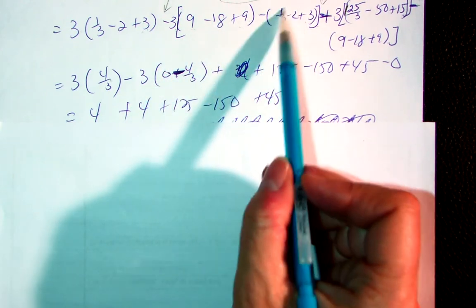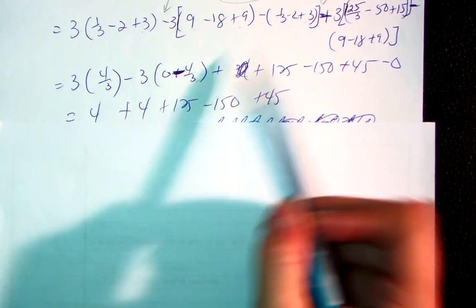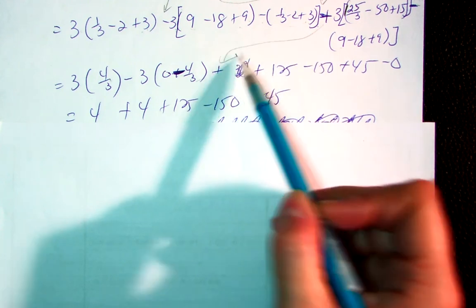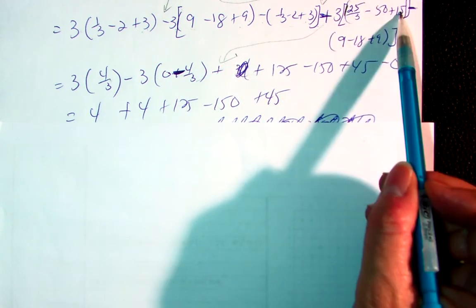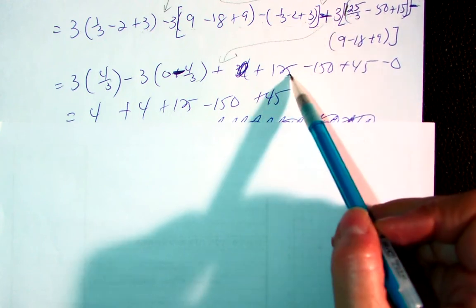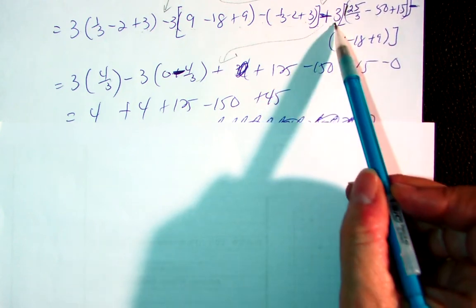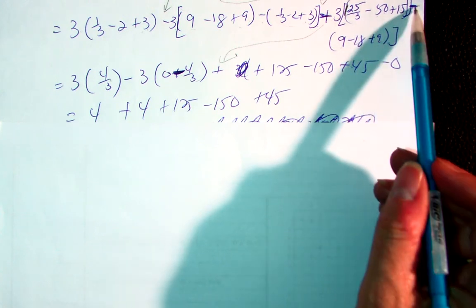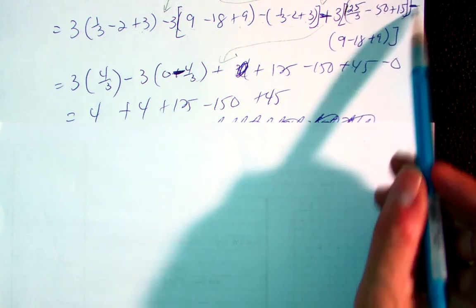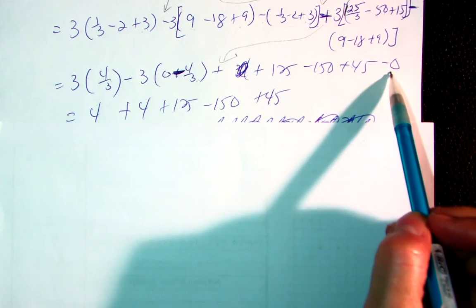Minus, again, there's that 4/3. Here's that plus. And then I went ahead and just distributed the 3 to everything inside of here. Makes it 125, negative 150, positive 45. And then minus, isn't that 0? There's that 0.